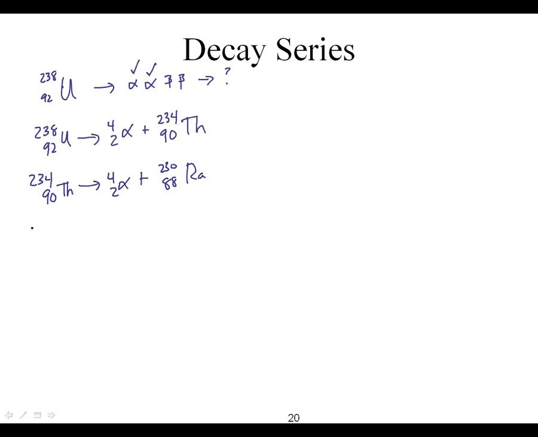Then the product of that step, your daughter, would become the parent. It would then go through a beta decay. And here we would go up to 89 and 230, 89 being AC. And lastly, our product here, 230, 89, would also go through a beta decay, which would take care of that.